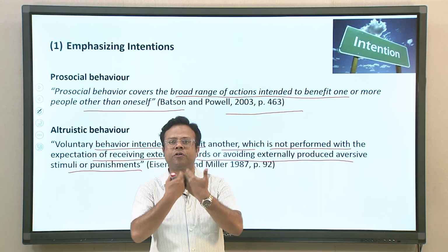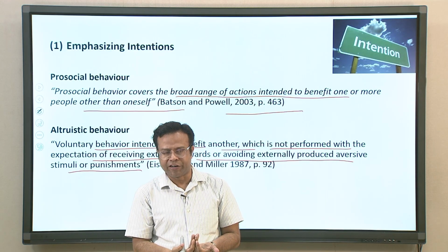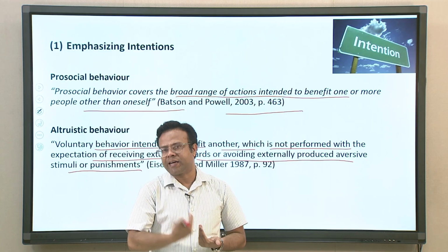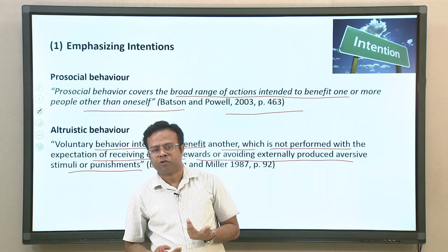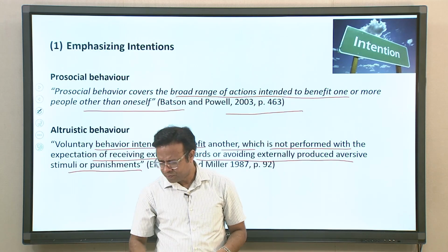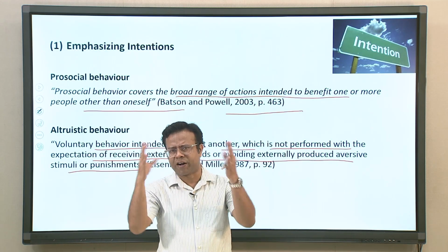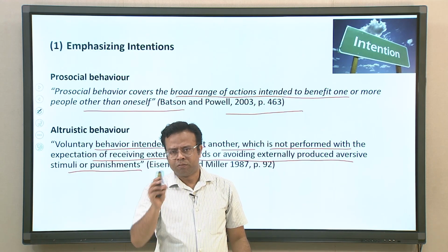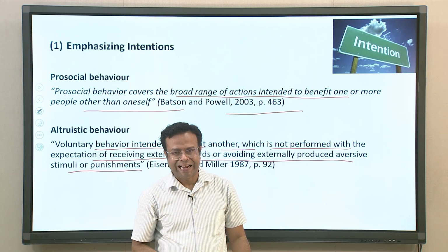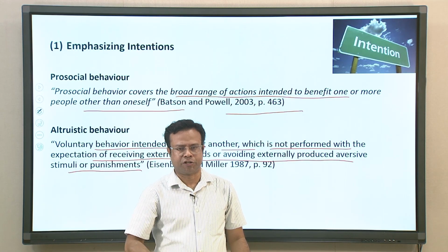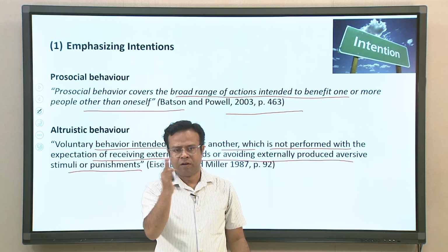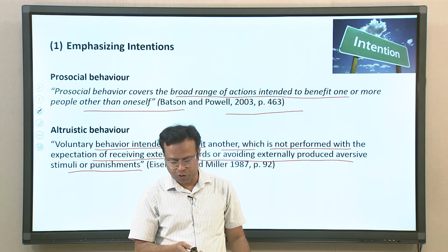It is a pure helping intention, where you do not expect to get anything out of it. That is called purely altruistic behavior, one category of prosocial behavior. These are the definitions which focus on the intention of the individual engaged in the action, so intention determines whether the action can be called prosocial or not.